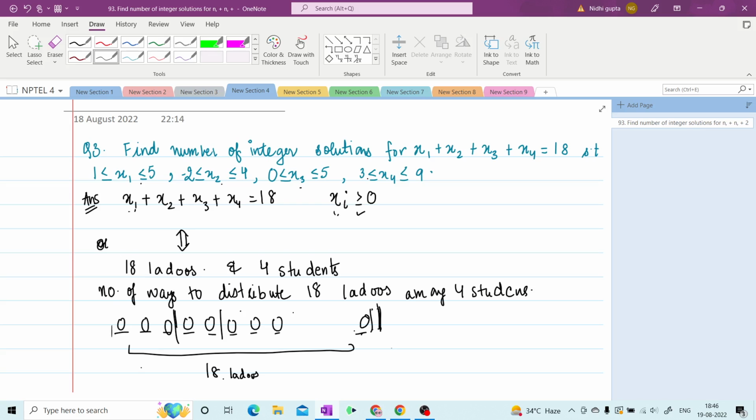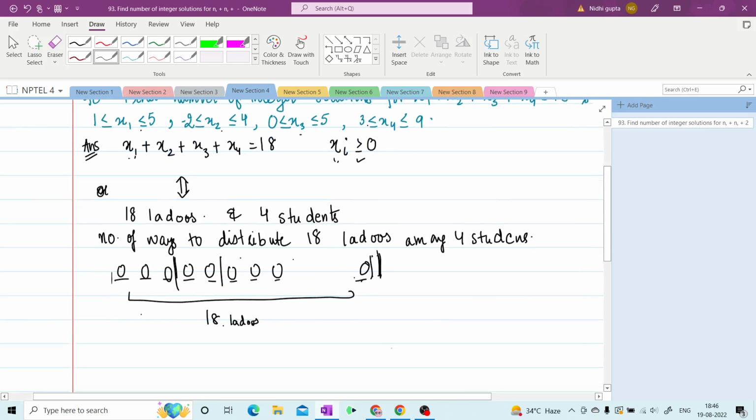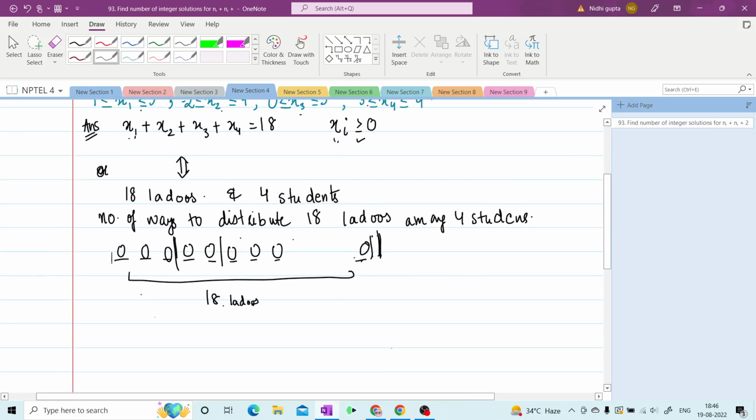So we have these 18 laddus and we want to distribute them amongst students, so we can see the number of places where we can put the line.